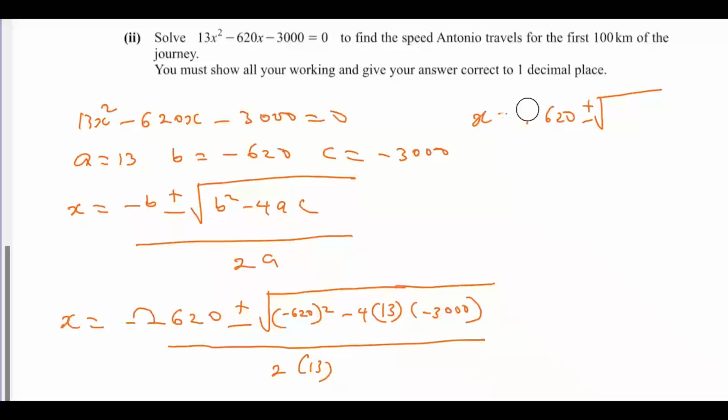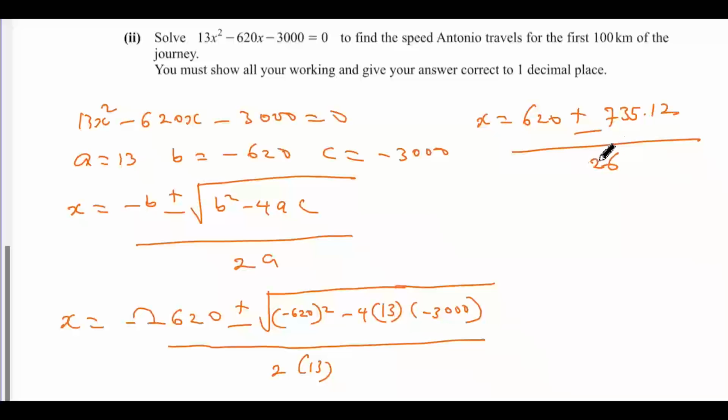I think it's better to do it like this. So you can do this directly. So x will be equals to 620, then plus minus. You can input this into your calculator, and that will give you plus or minus 735.12. So to save time, over 26.